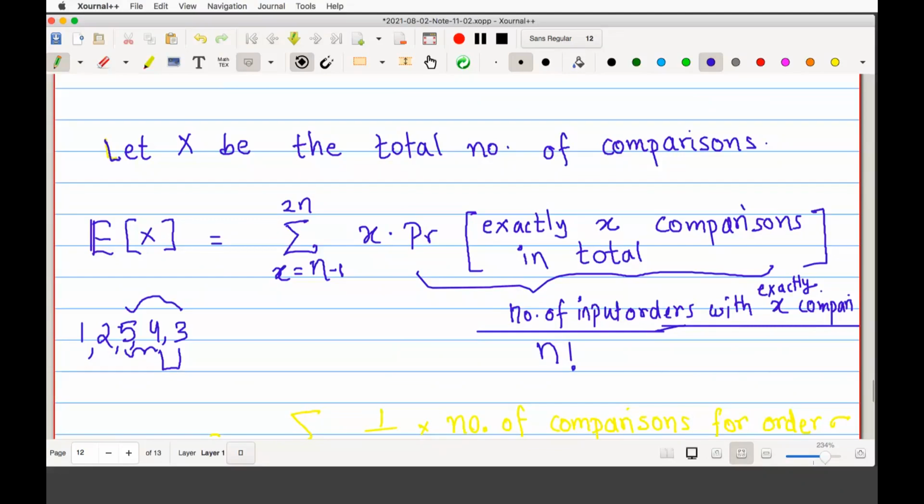Maybe it's still possible to make some connection with inversion pairs, but then the question is how many permutations have exactly that many inversion pairs, and I'm not sure if that's easy to compute or if there is a simple formula for it. So one needs to think about it.